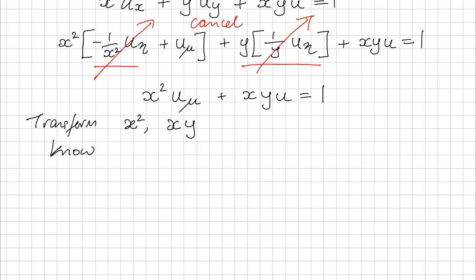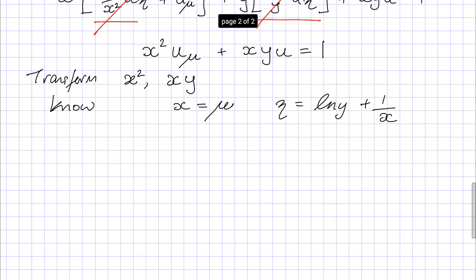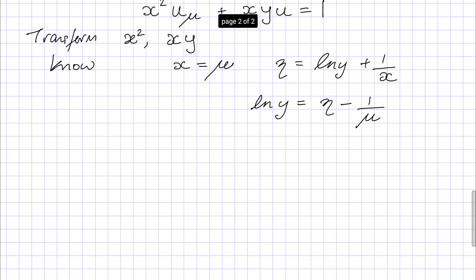So by definition, x is equal to mu, and eta was given by log y plus 1 over x. So let's muck around with this second one. This gives me that log y equals eta, and then if x is equal to mu, this will be 1 minus 1 over mu. So therefore we can write y equals e to the eta minus 1 over mu.